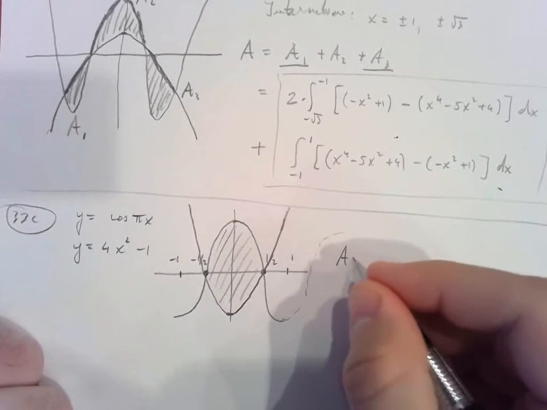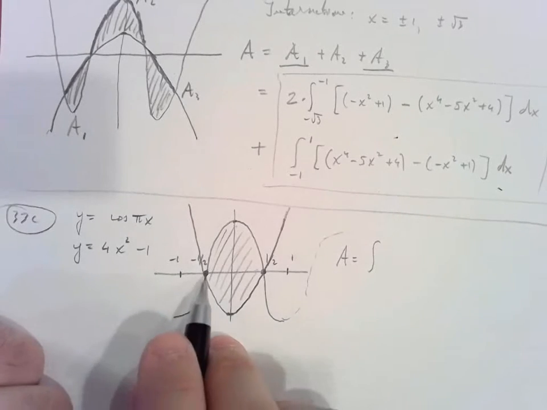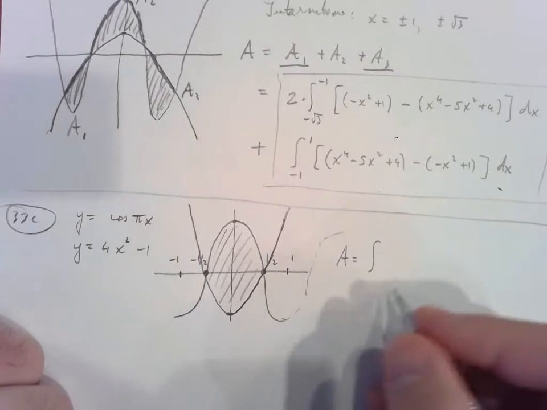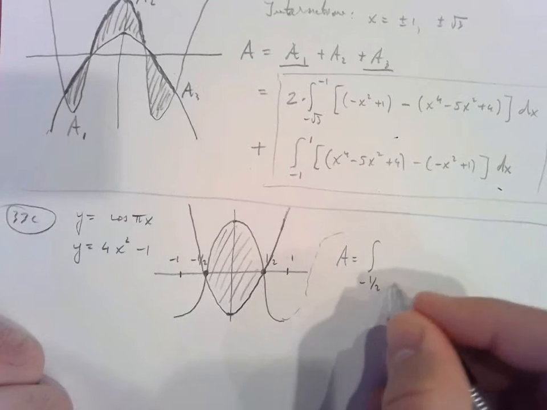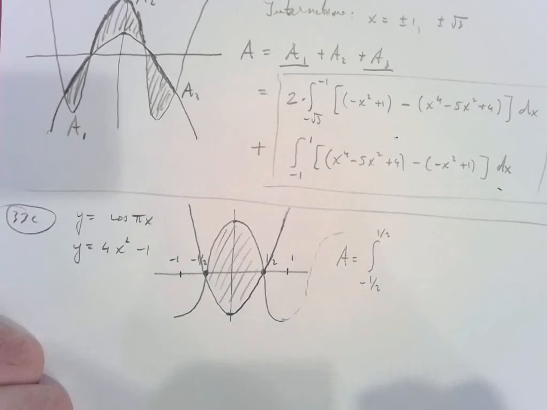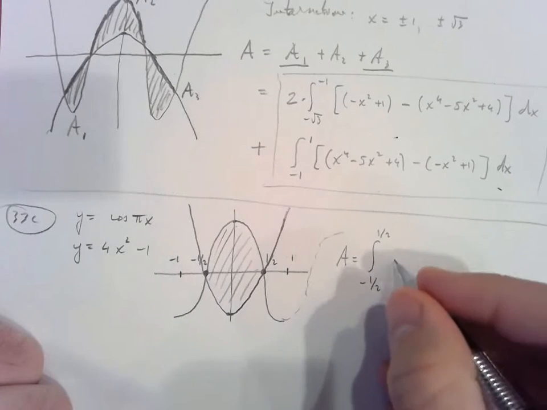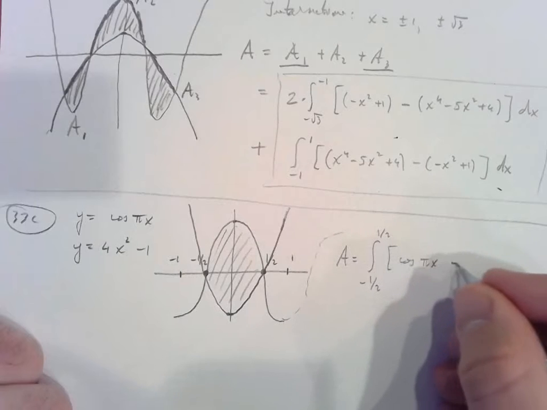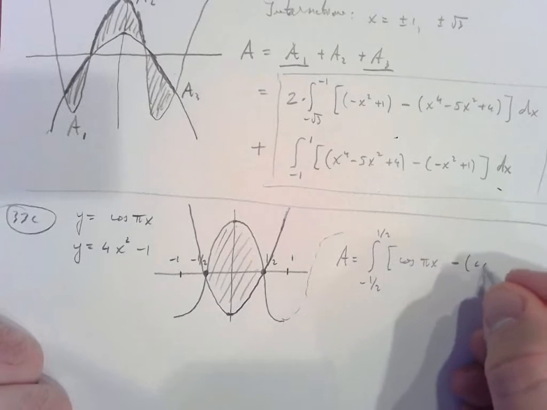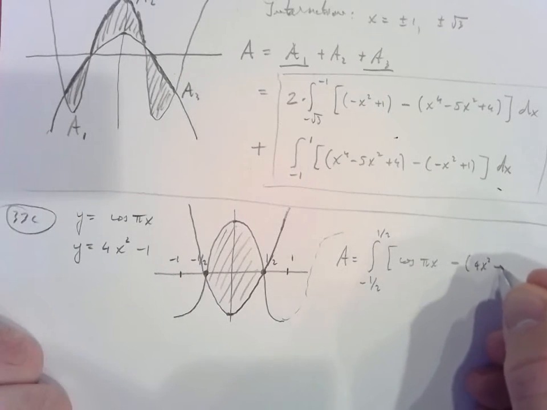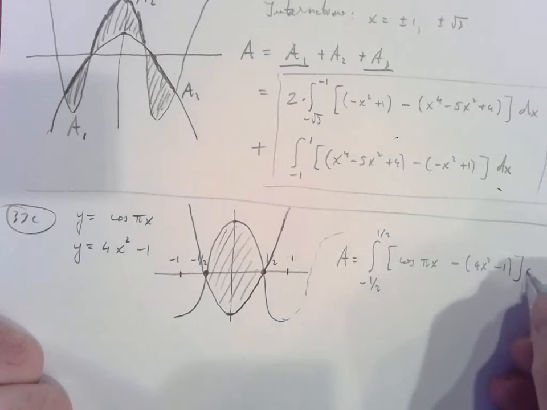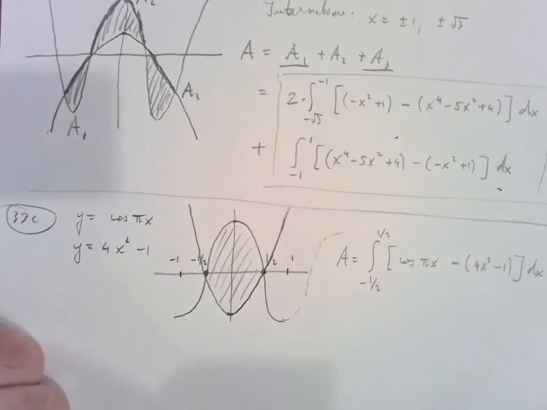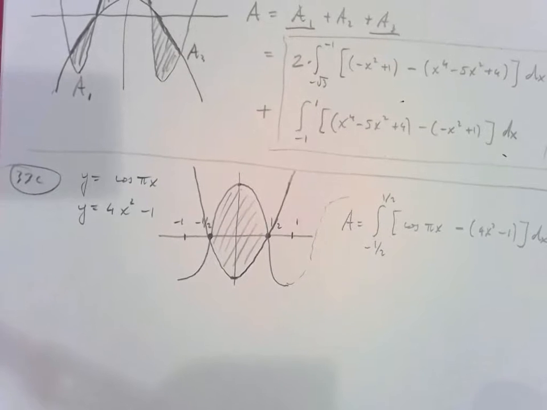So that means the area is simply the integral from minus a half to a half of top curve, which is cosine, minus the bottom curve, which is 4x squared minus 1 dx. So that integral gives you the area of that region.